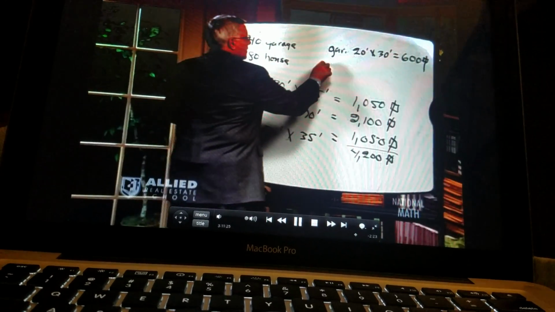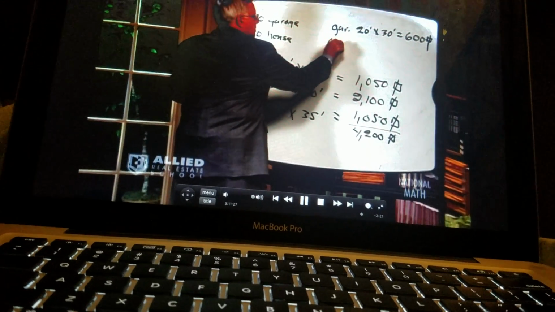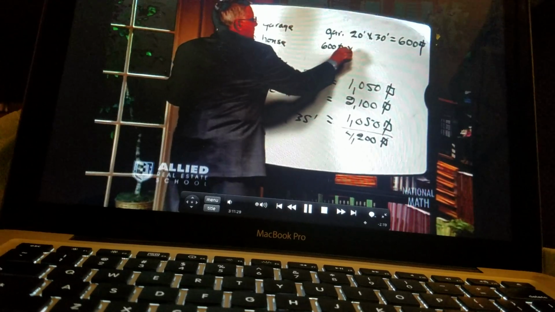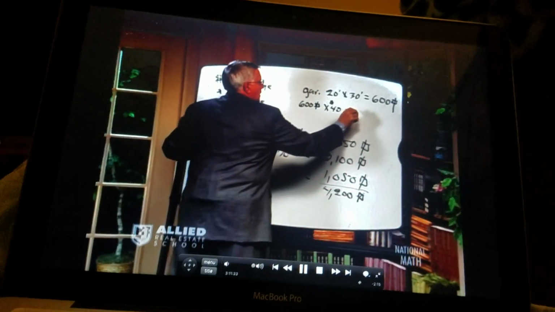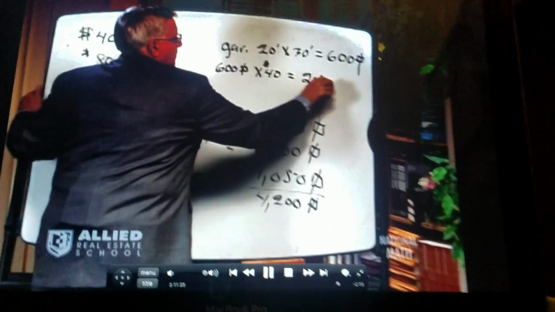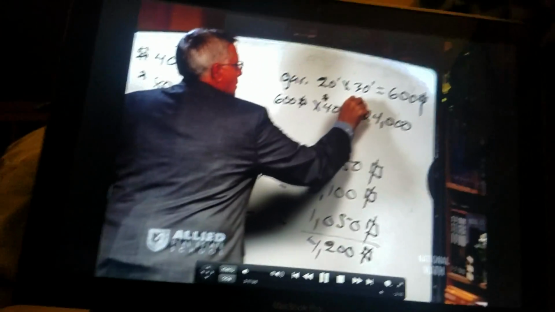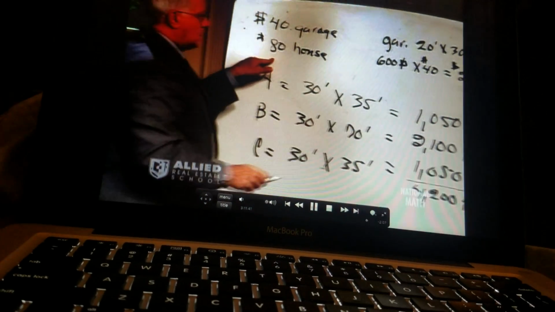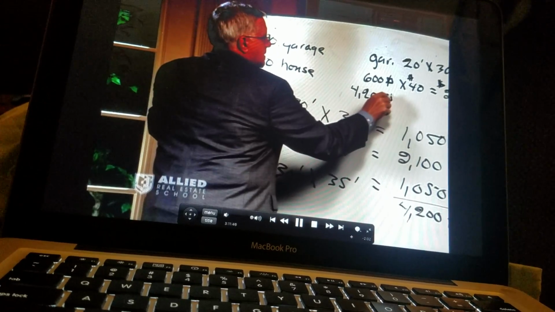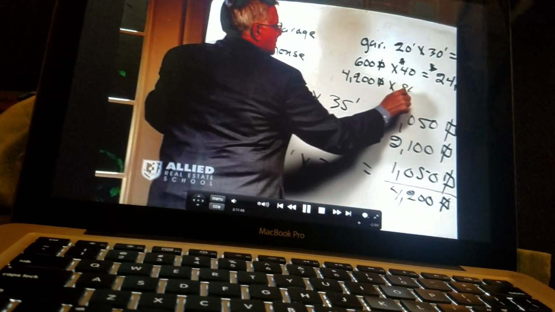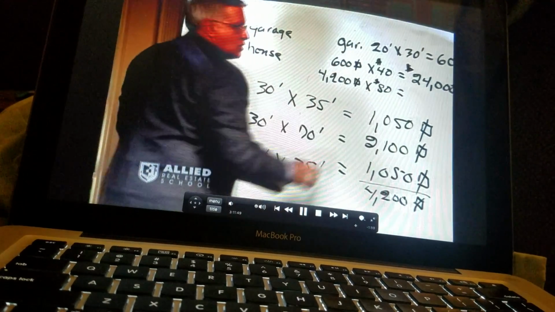So what's the cost of our garage? Our garage is going to be 600 square feet times $40, and that should be $24,000, I believe. I get all my zeros right there. Okay. Then our house is going to be 4,200 square feet times $80. And no, I'm not that good.